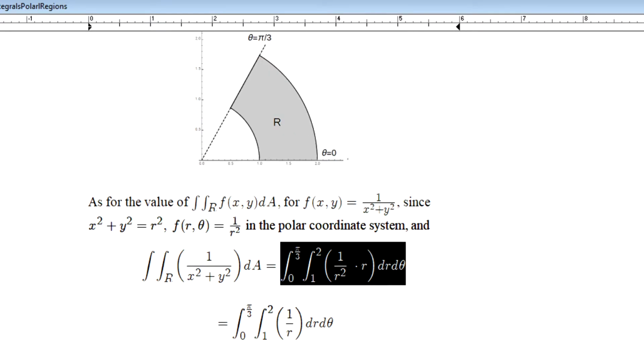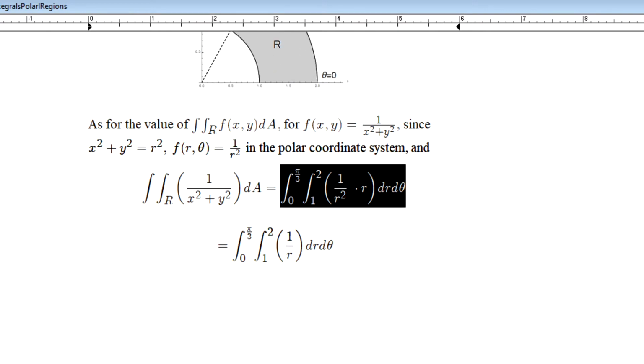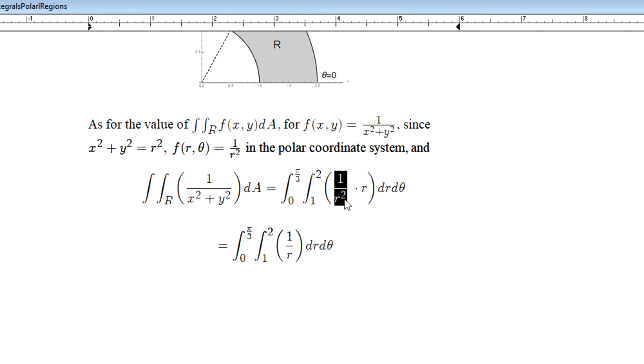If you recall, we take the double integral of function f with respect to r and theta and multiply it by this factor of r, little r still being the variable r that we see in this multivariable function. And we're going to see a nice cancellation, and that leaves us with an integrand of 1 over r.